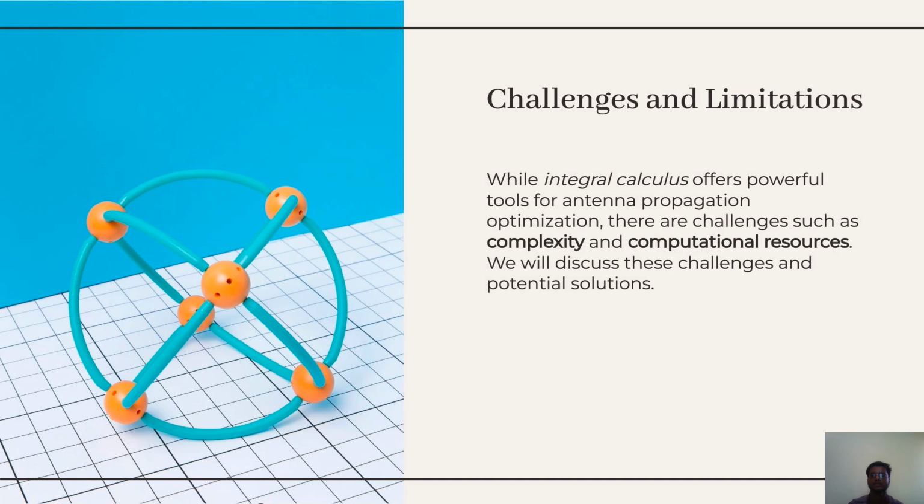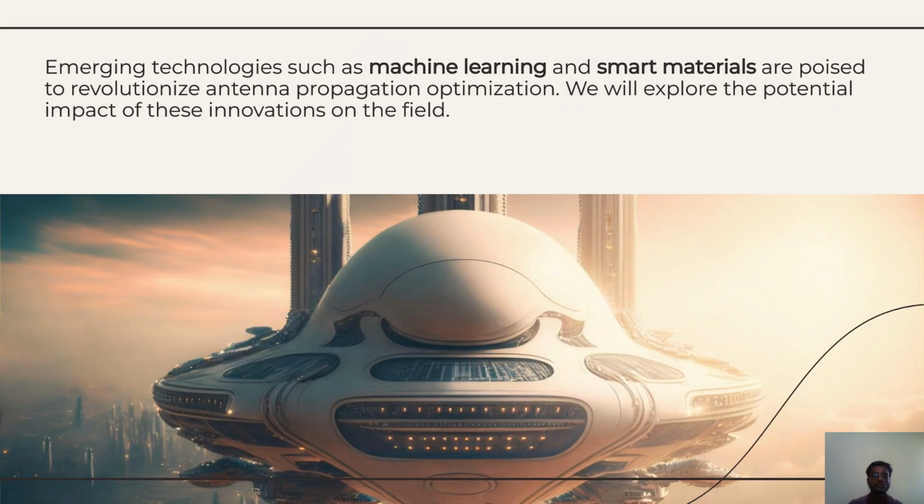We will discuss these challenges and potential solutions. Emerging technologies such as machine learning and smart materials are poised to revolutionize antenna propagation optimization. We will explore the potential impact of these innovations on the field.